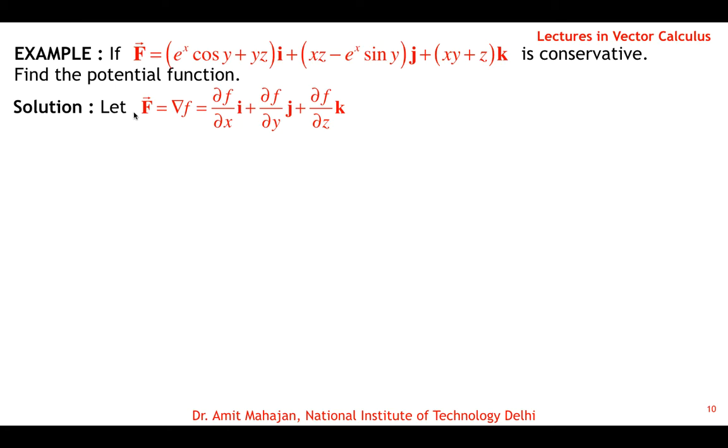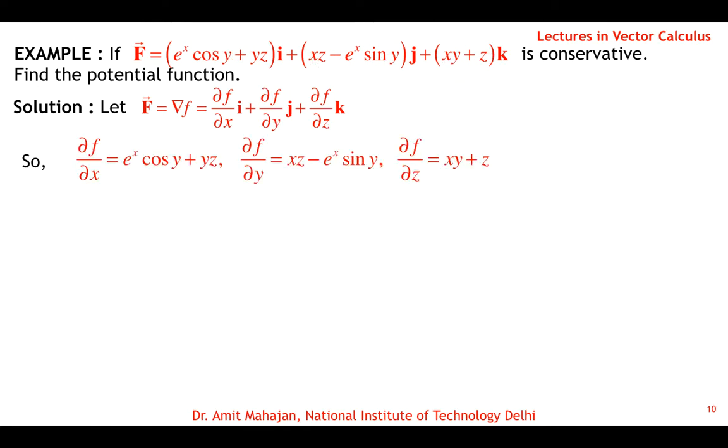So we can write the field as the gradient of a function f, and if we expand the gradient, we can write it as partial derivative of f with x i plus derivative of f with y j plus derivative of f with z k. If you compare these two, then f derivative x is M, f derivative y is N, and f derivative z is P. So we have the partial derivatives of the function with respect to x, y, z.